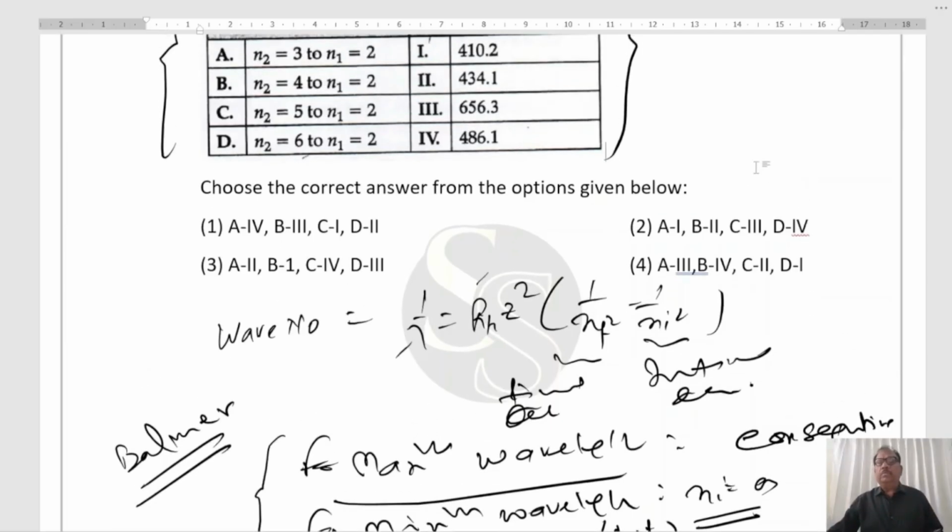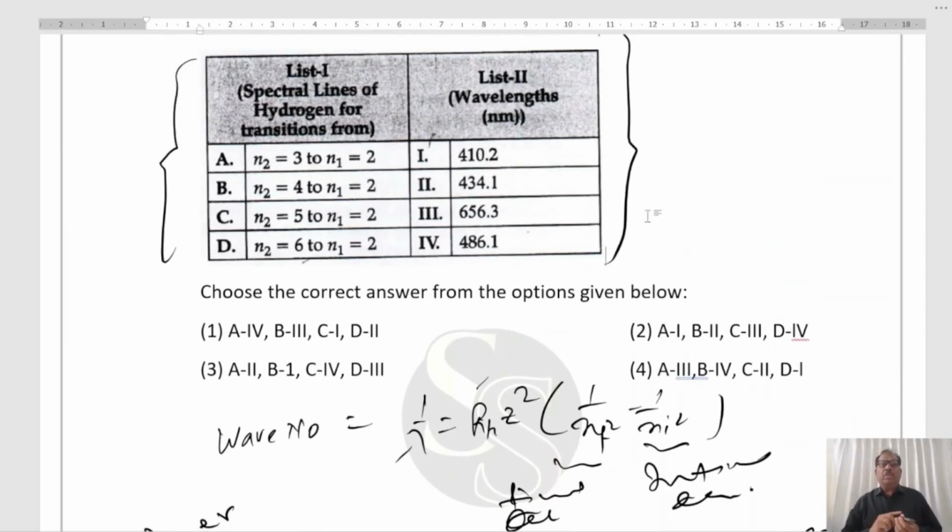Now, consecutive will give the maximum wavelength. This is 2 to 3, so the maximum will be A, 656 nm, which is the third part.